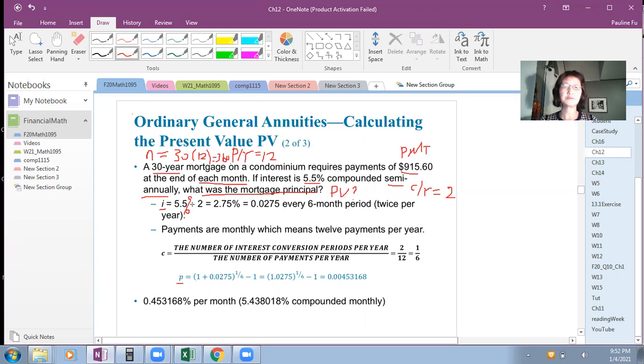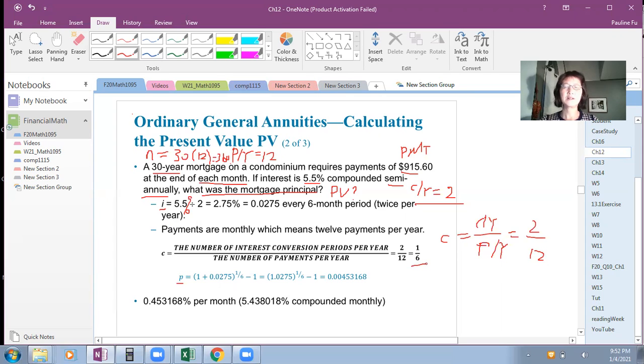And then compute C. C equal to CY over PY. CY is 2 here, and PY is 12. So C equal to 1 over 6.